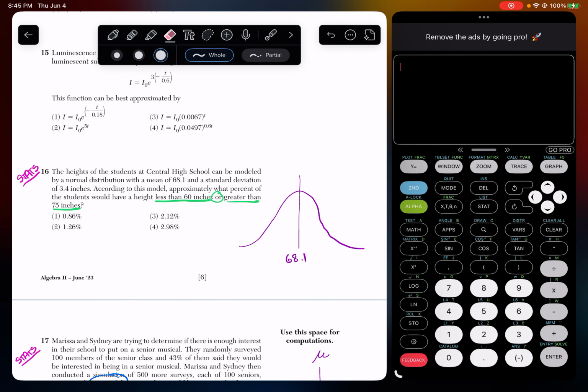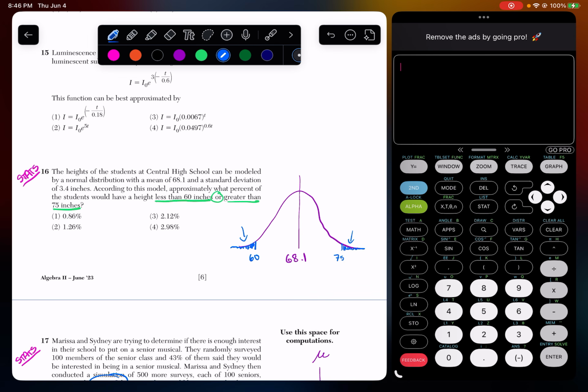So they said students with a height of less than 60. So if this is 60, we want all of these students, or greater than 75. If this is 75, we want all of these students. So we want to figure out what percent of students fall here and here.